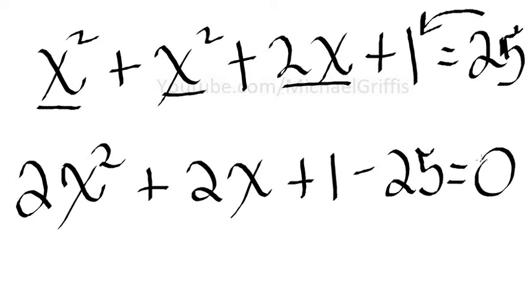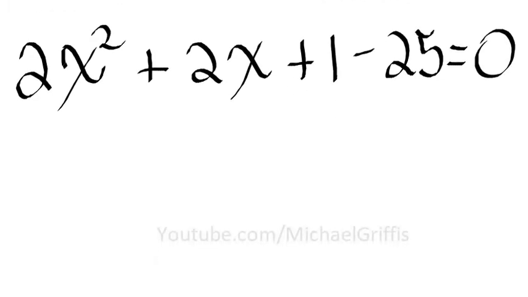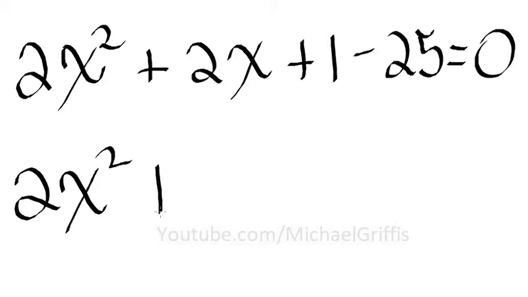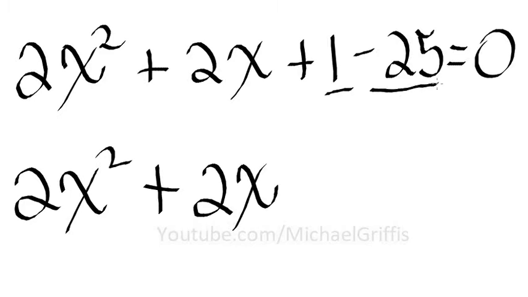We'll write this one more time in standard form. 1 minus 25 is minus 24. Got ahead of myself on that.